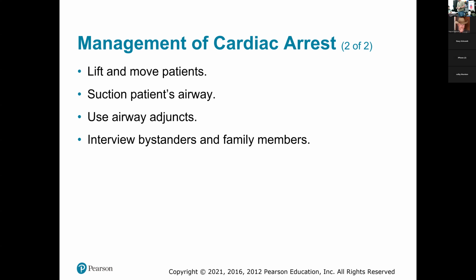Was it a witnessed arrest? Was it unwitnessed? Does he have any heart problems? If it's a drowning, how long were they down? All this stuff. So interview bystanders, find out what their medical history is, get your SAMPLE history from them if you can.